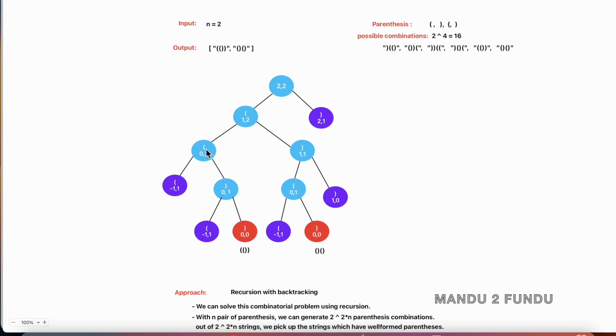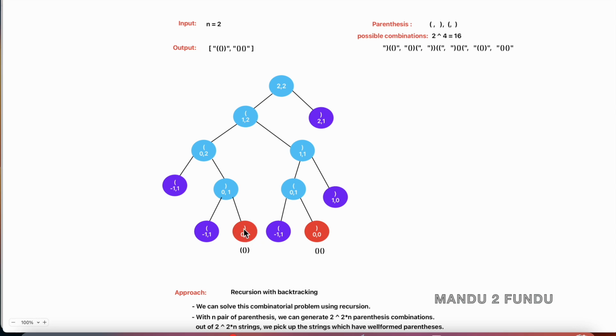And from here we can include the close parenthesis and decrement the count, and include the close parenthesis one more time, and decrement the count. Finally we get both parenthesis counts as 0.